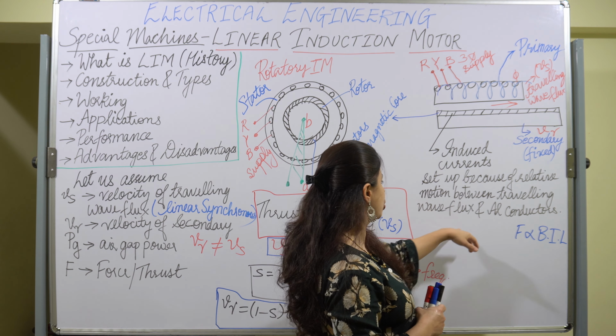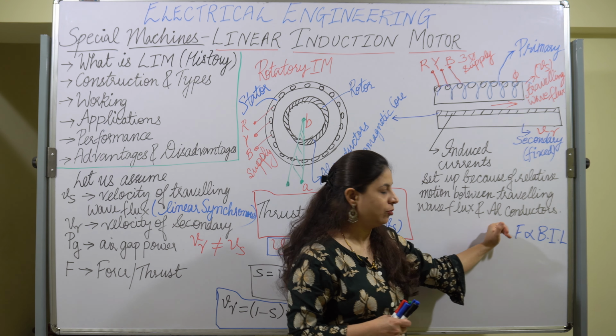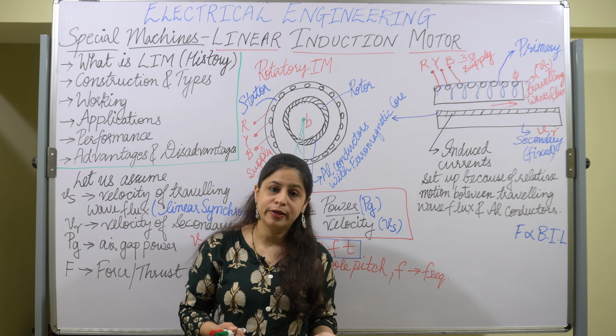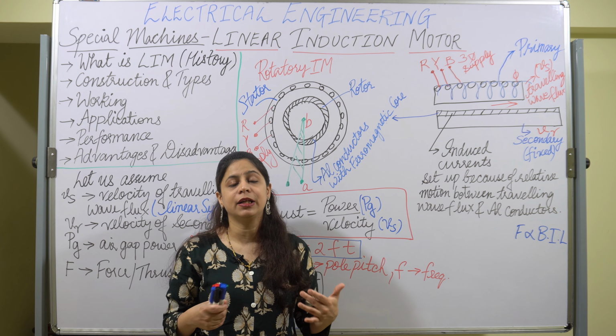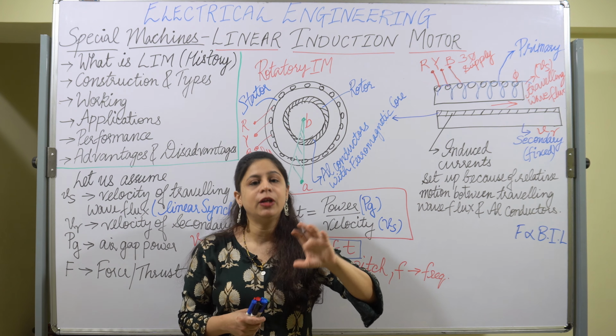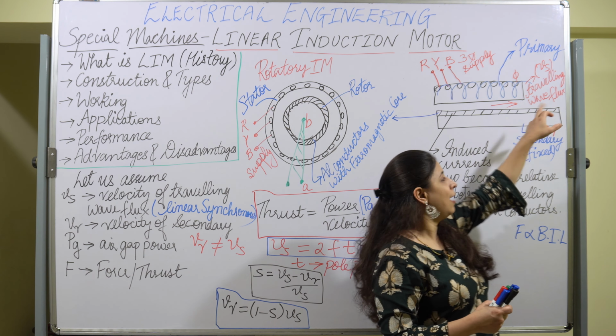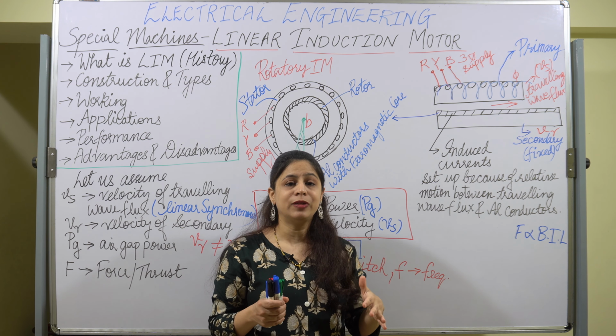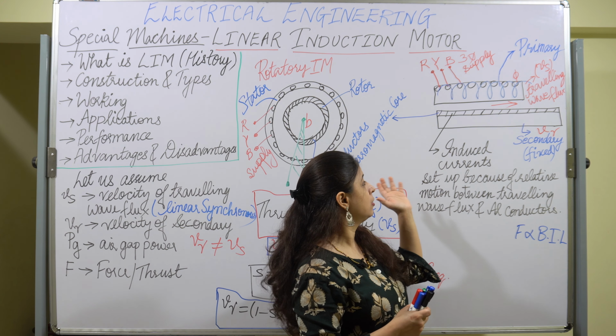Because of the relative motion between the traveling wave flux and the aluminum conductors, they generate their own magnetic field. That magnetic field repels the magnetic field set up by the traveling wave flux, and because of that, force is set up.